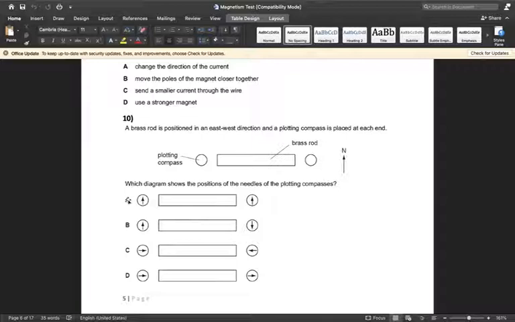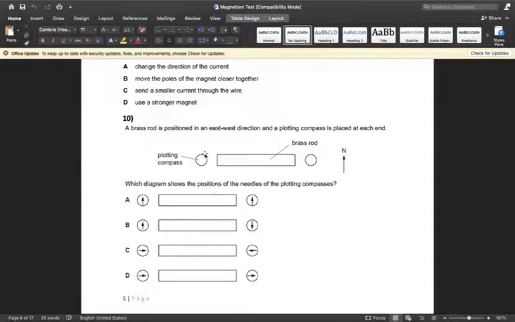Why? Because both compasses are going to point in the direction of the north. The brass rod wouldn't affect the compasses because it's a brass rod. It's not a magnet. It doesn't have any magnetic effect. So the compasses wouldn't be affected by the brass rod.